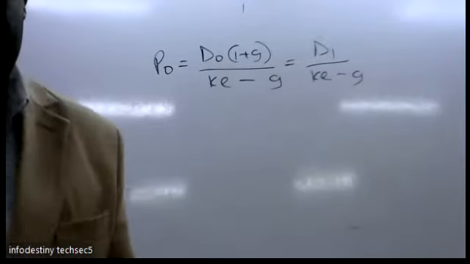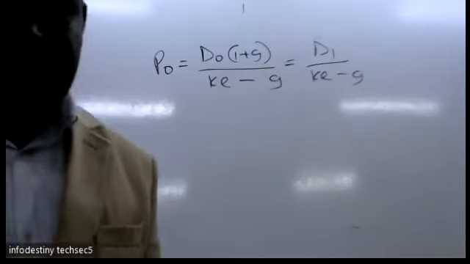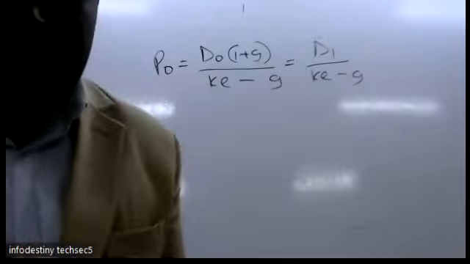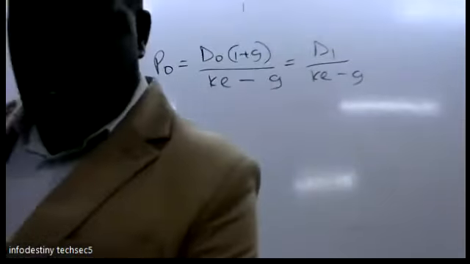So that's now A, the one for the constant dividend growth rate ordinary share. Then we can also go to B, non-constant dividend growth rate ordinary share.